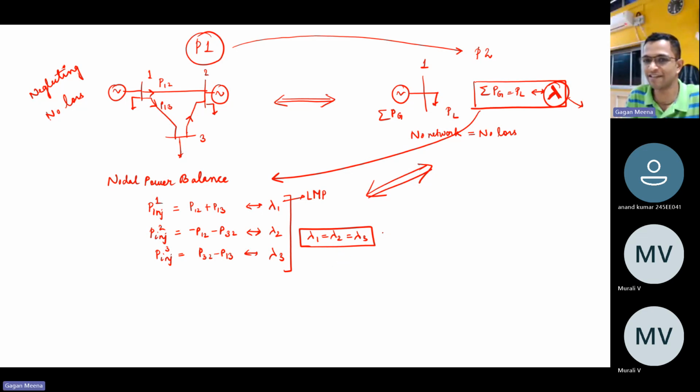This will happen when there is no network congestion, and this will be equal to this lambda. These two problems will give you same LMP if there is no congestion. The moment there is a congestion, this will change.